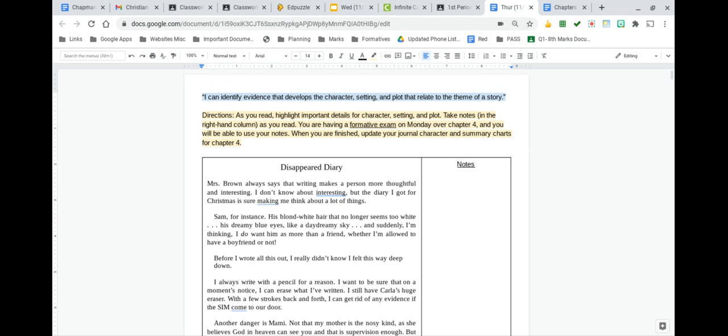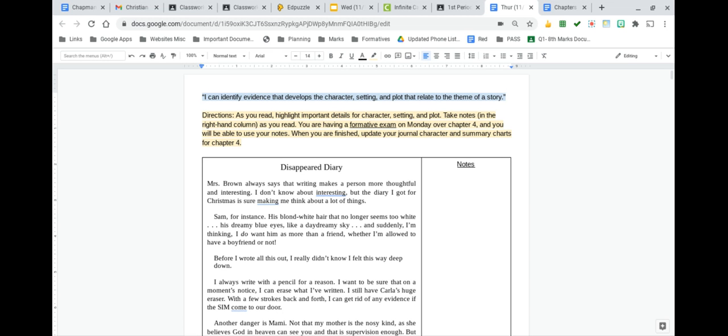The cool thing about this is that, as I told you already, you have a formative exam over RL 8.2. Okay, so that's the standard that looks at theme. So you have an exam Monday, but you will be able to use your notes. Okay, so when you read Chapter 4, go ahead and take notes, and then you can use them on your exam.